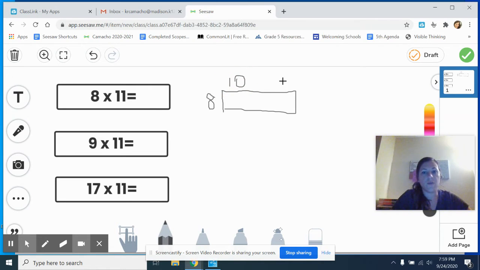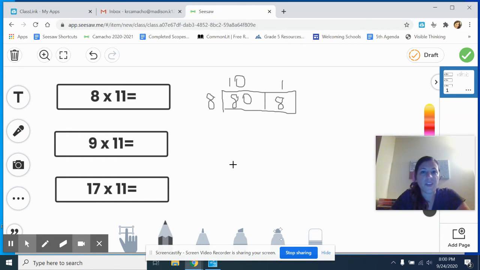And then the 1. So across the top, I have 11. I broke it apart because I'm going to do 8 times the 10 part, and then I'm going to do 8 times the 1 part. So 8 times 10 is one of those facts I know. It's 80. And 8 times 1 I also know is 8.